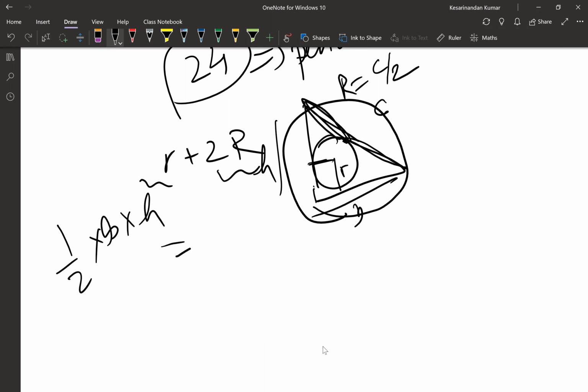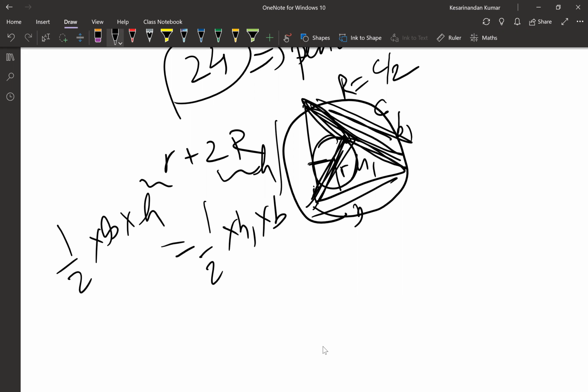This will also be equal to this part and this part. Like this is the height and this is the breadth, so this would be h1 and this would be b1, equal to half into h1 into b1. Can I say this part, guys? Yes, Keith. Anybody having any doubt with this part, how I came to this part?